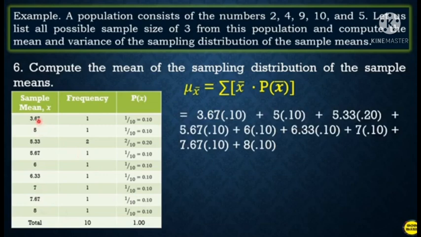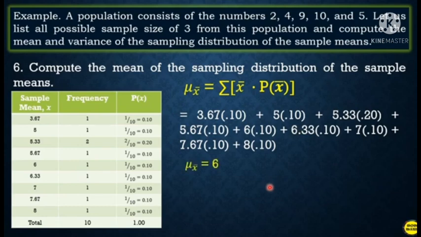So, isa-isa. 3.67 times 0.10 plus 5 times 0.10 plus 5.33 times 0.20 plus 5.67 times 0.10 plus 6 times 0.10 plus 6.33 times 0.10 plus 7 times 0.10 plus 7.67 times 0.10 plus 8 times 0.10. So, ganun ang pag-compute ng mean of the sampling distribution of the sample means. And then kapag using your calculator, the answer is 6.